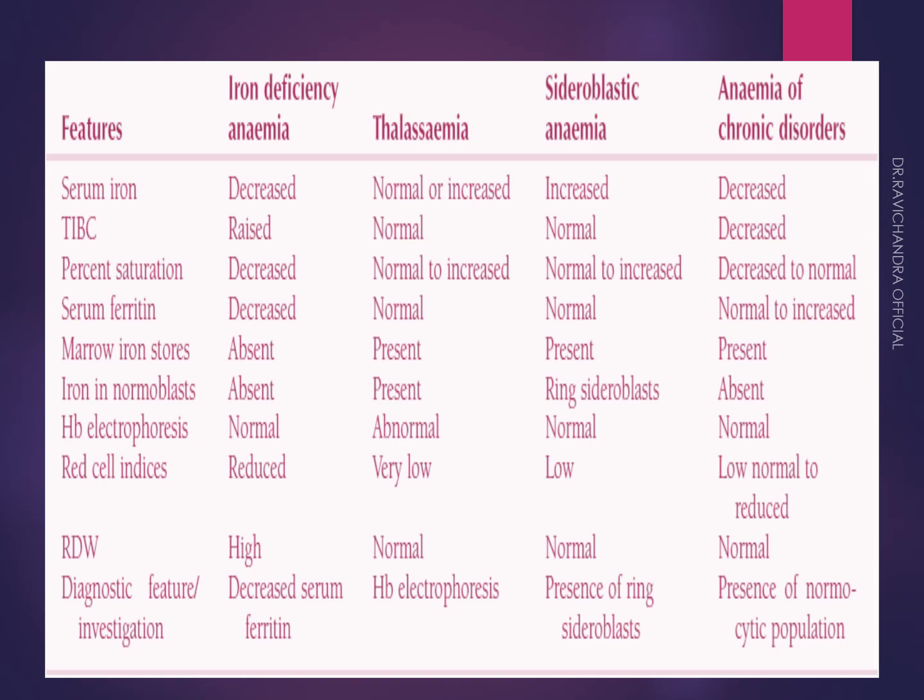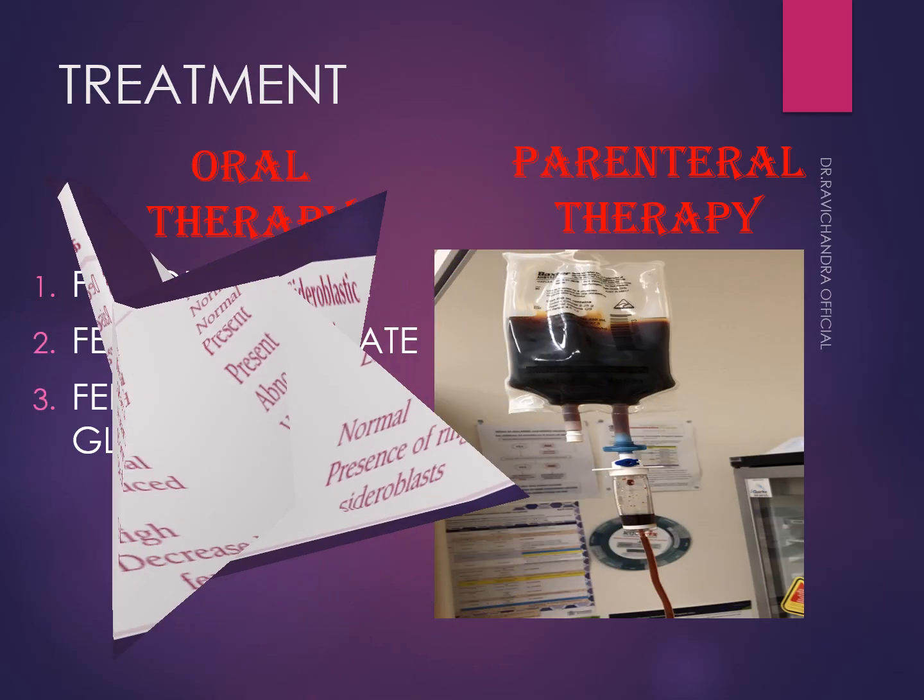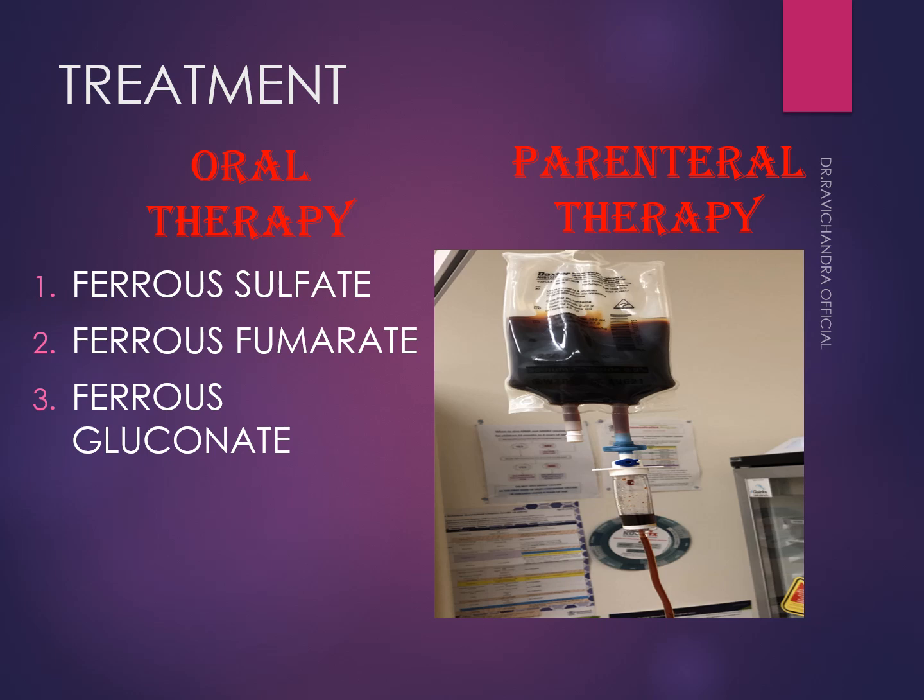Coming to the treatment part, the iron deficiency anemia can be treated with the help of oral therapy or parenteral therapy. Oral therapy can be done with the help of intake of ferrous sulfate or ferrous fumarate or ferrous gluconate, and parenteral therapy can be done in the form of injections.